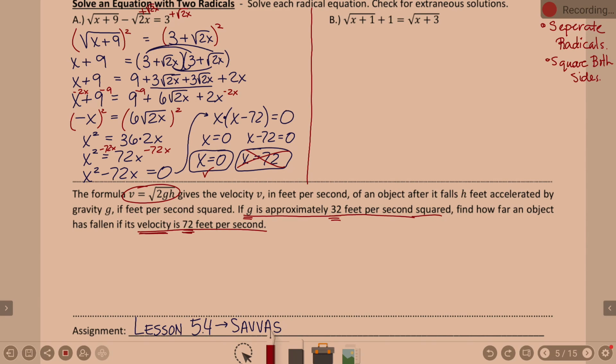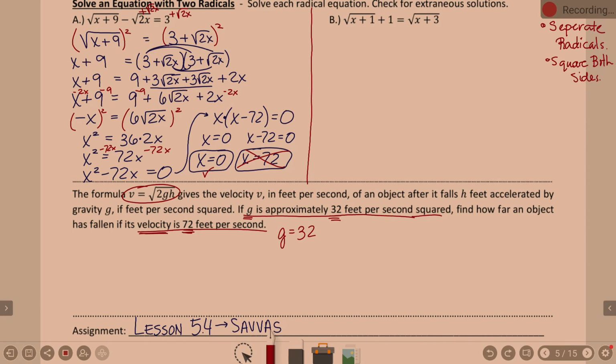Now, I'll be honest, was there a bunch of stuff that was probably confusing there in the middle? Yes, that's fine. But can you pinpoint some pieces? I see a formula. Okay? It tells me G is approximately 32. So what am I going to use in this problem? We're going to use G as 32 in this problem.